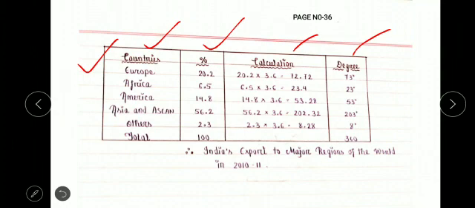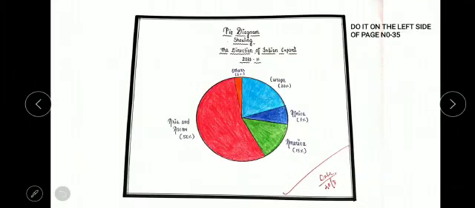So whenever we multiply the percentage value by 3.6, this value will be converted to degree value, and thus we will get the degree values. After getting all the degrees, we can easily plot the pie graph, and within this pie diagram we have to mention the names of the countries or the continents which are given in your data. We have to write down the names like this and put the heading also.